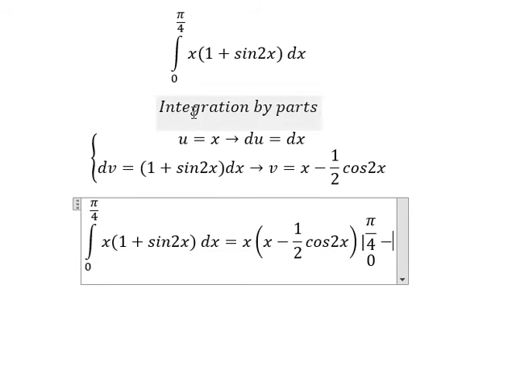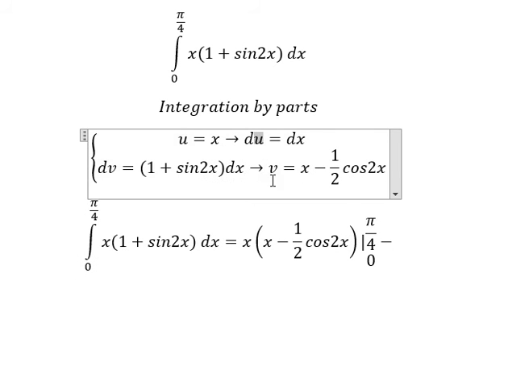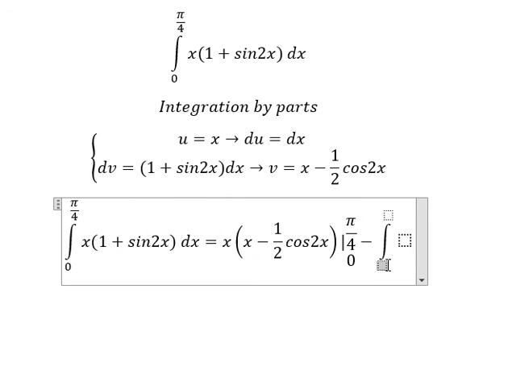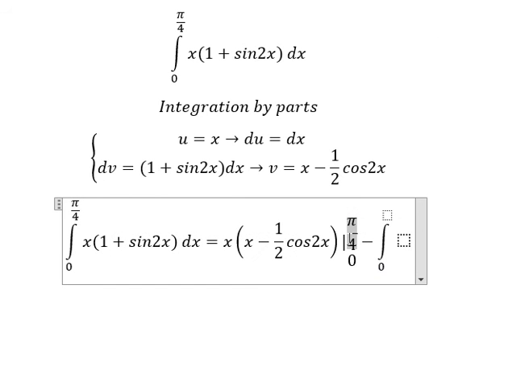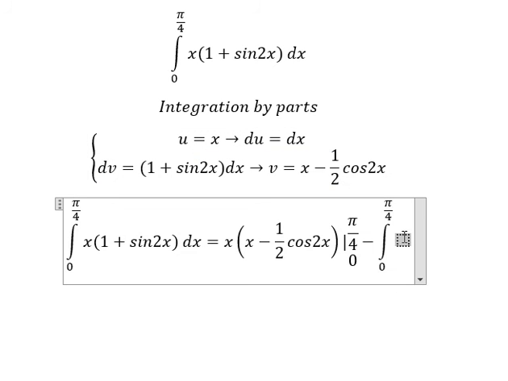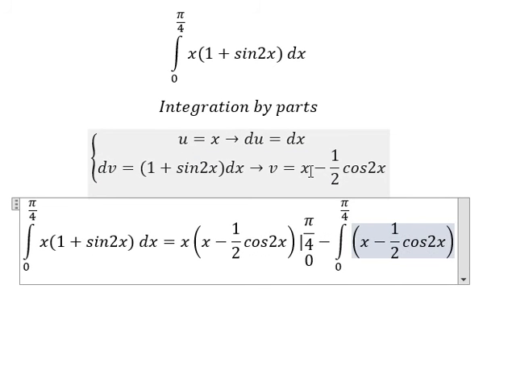Minus the integration of v du, from 0 to pi over 4, and we have this one with the ds.